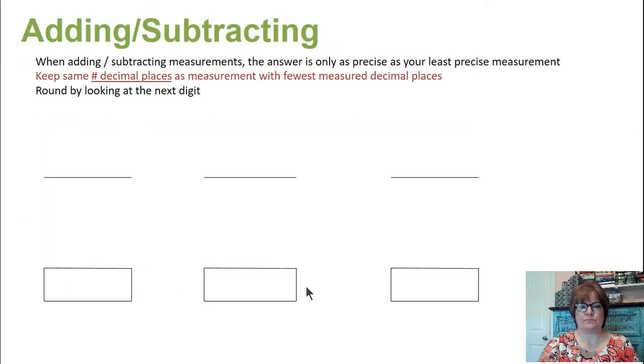Let's try some examples. Okay, adding and subtracting is actually more confusing for most people than multiplying and dividing. Again, we're going by place value. It does help to know our mathematical place value terms. So we talk about the tens place or the thousands place, and when they're to the right of the decimal point, we usually say the tenths place or the hundredths place.